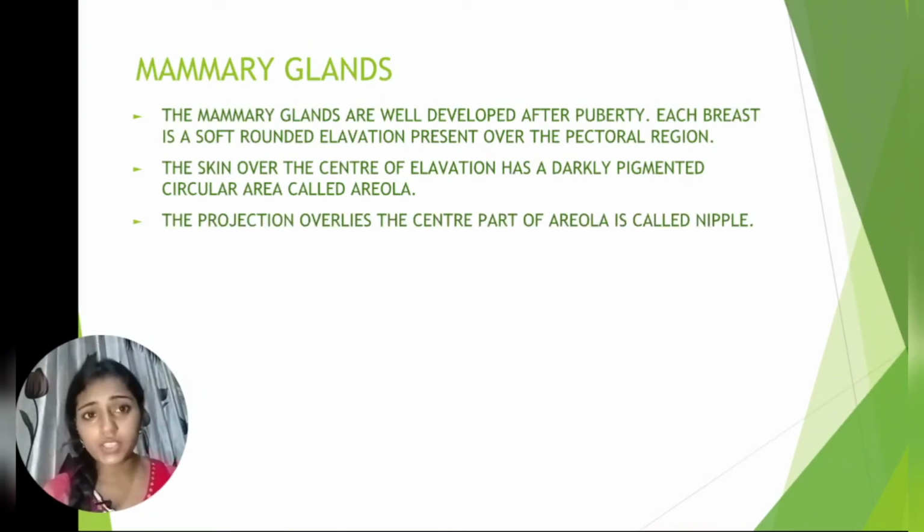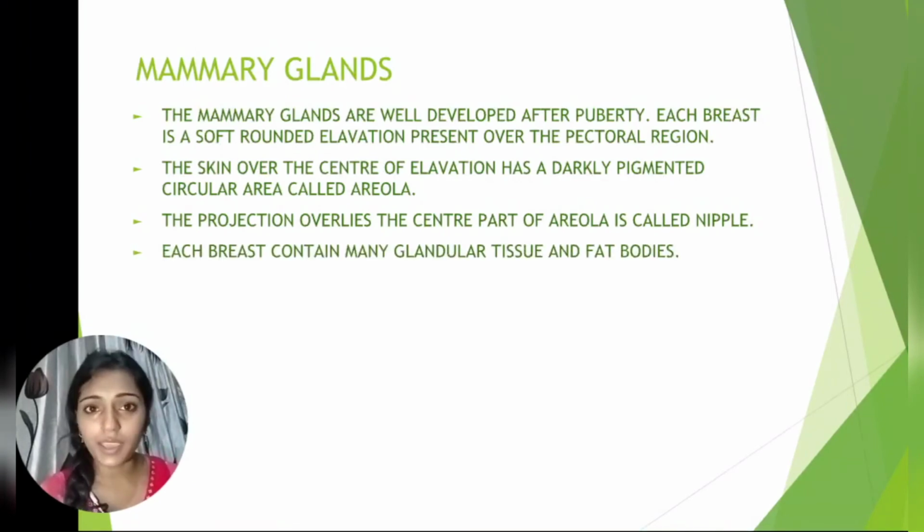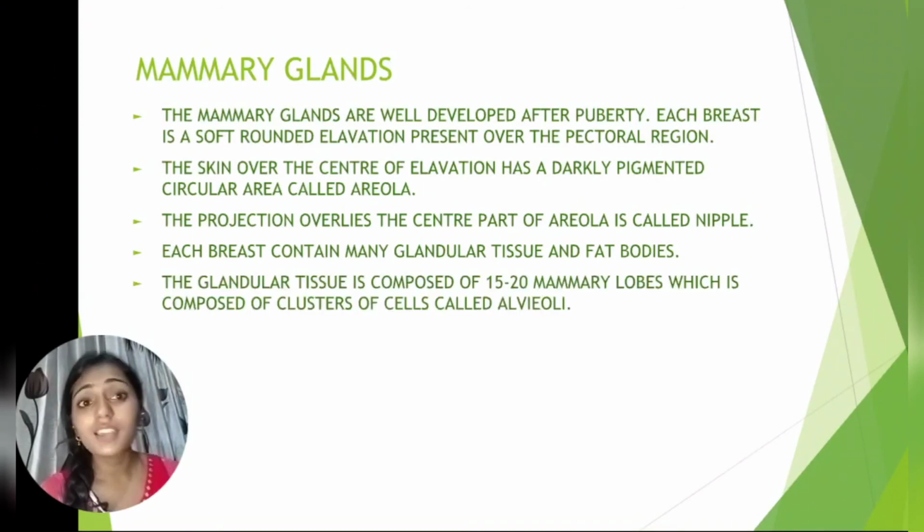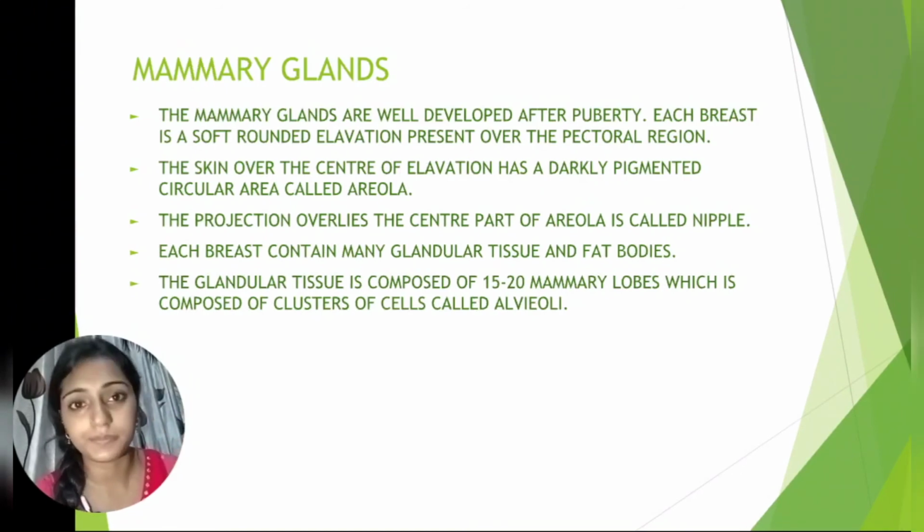The projection overlying the center part of the areola is called the nipple. Each breast contains granular tissue and fat bodies. This granular tissue is composed of 15 to 20 mammary lobes, which are composed of clusters of cells called alveoli.